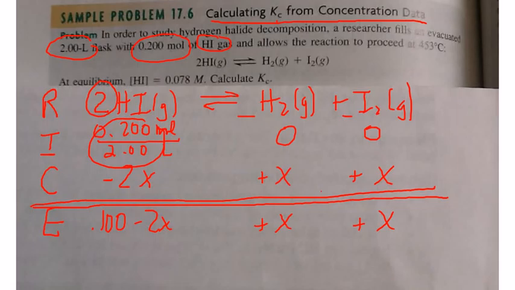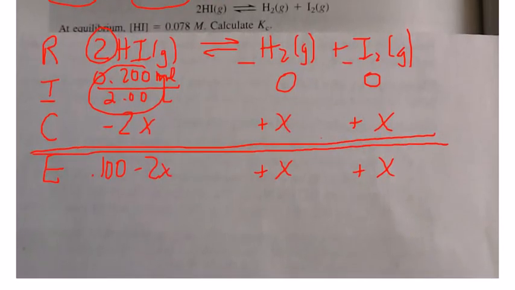So I can take this a little bit farther. I do know something about equilibrium concentrations right here. The HI I know is 0.078 molar. And this right here is my expression for what the HI is doing at equilibrium. So I can use this to solve for x.